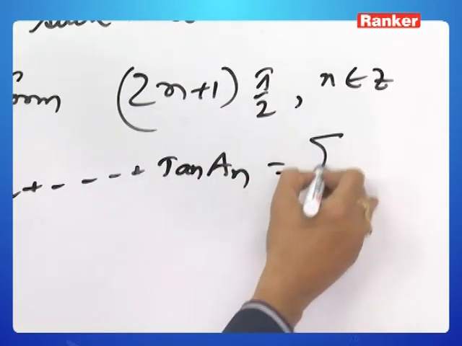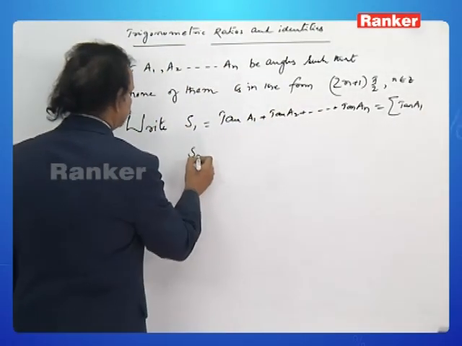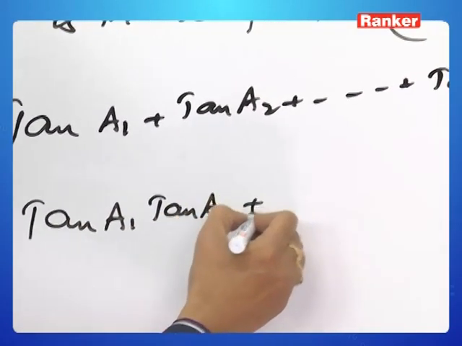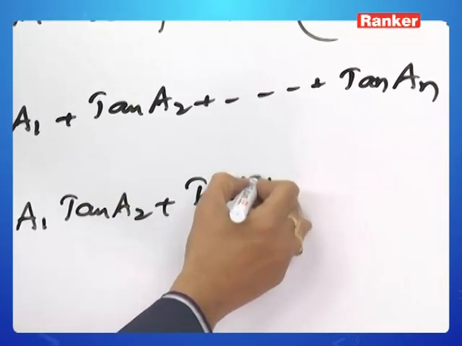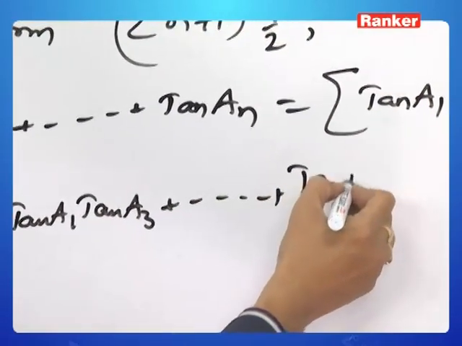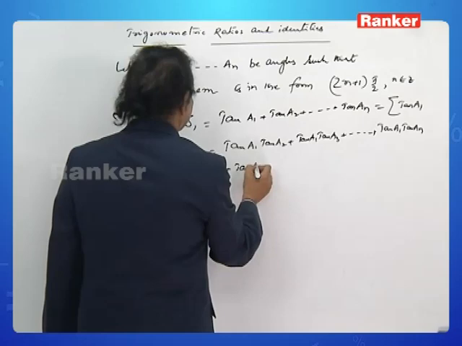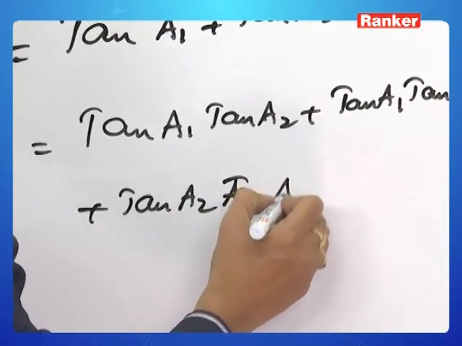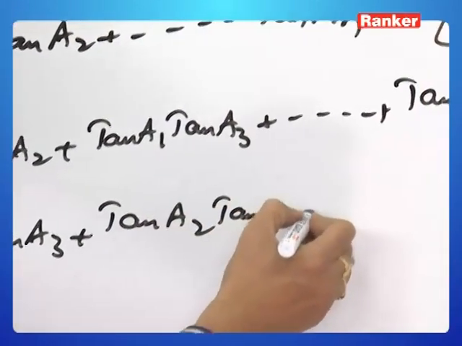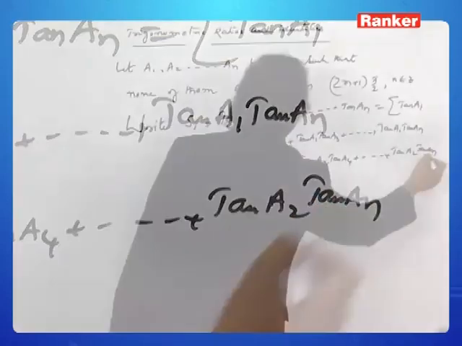I can write, let me write this S2 as tan A1 into tan A2 plus tan A1 into tan A3 plus tan A1 into tan AN plus tan A2 into tan A3 plus tan A2 into tan A4 plus etc. tan A2 into tan AN, like that.